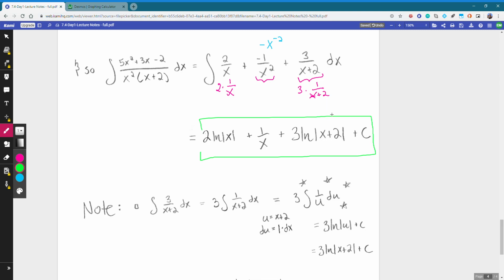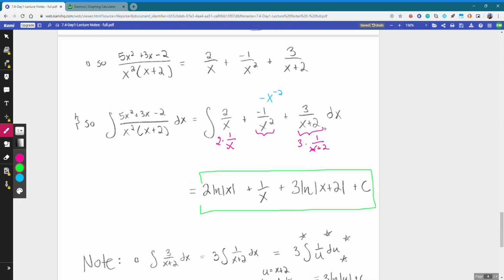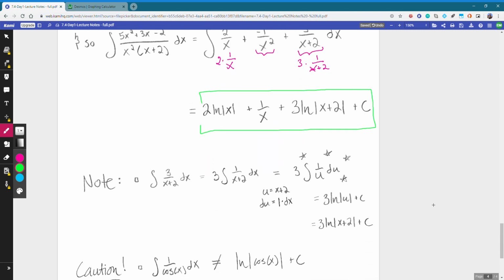Now I want to say just a couple words about our last antiderivative, because there's something that we need to be careful of. The reason this is the antiderivative is that if we do a u-substitution, letting u be our whole denominator, x plus 2, then the derivative of x is just 1, so du is actually just dx.